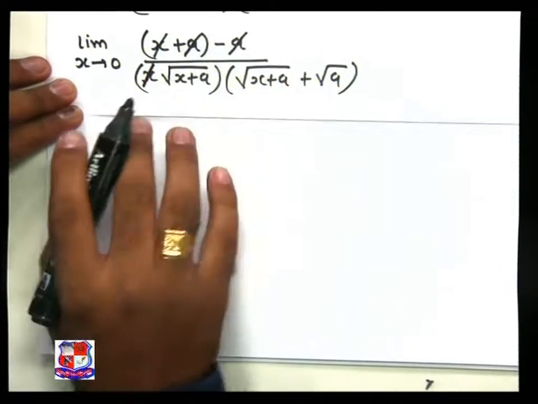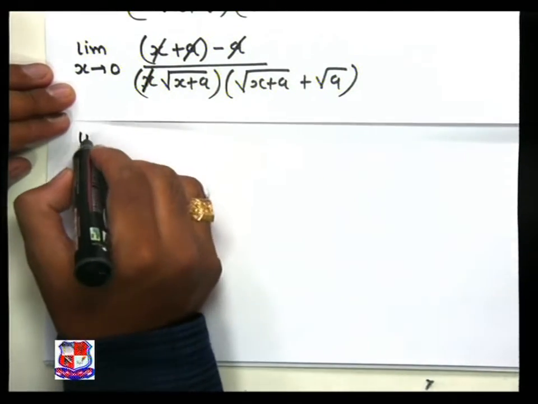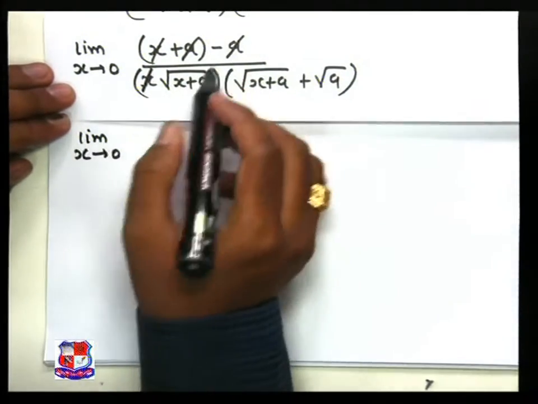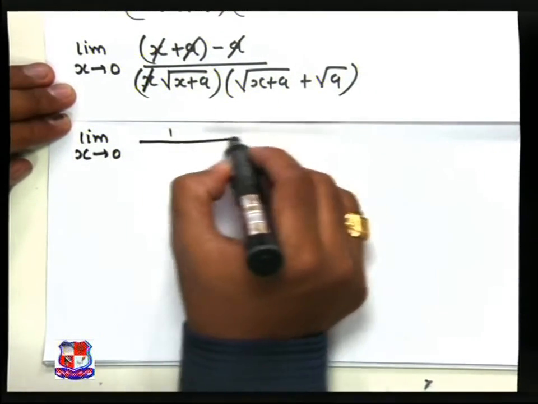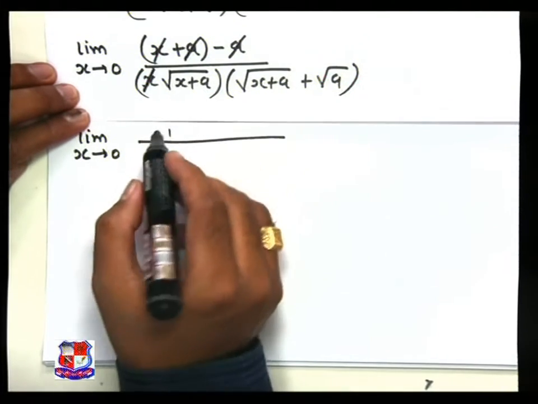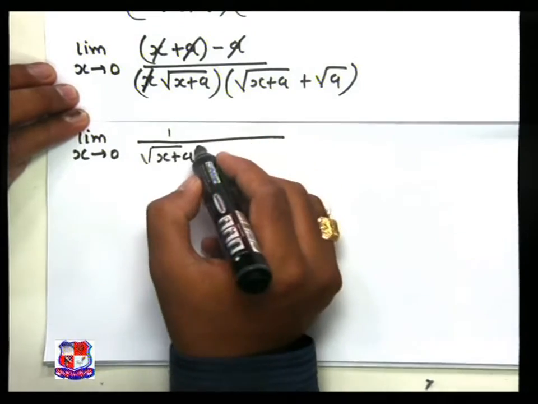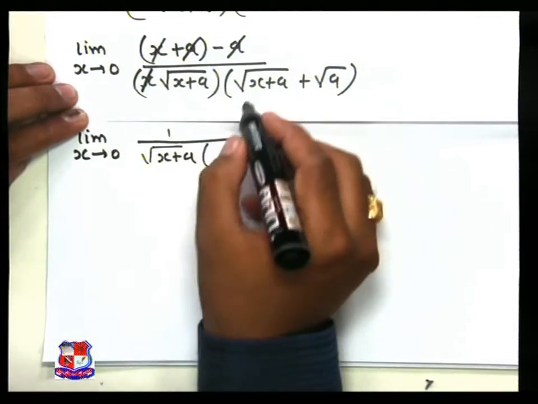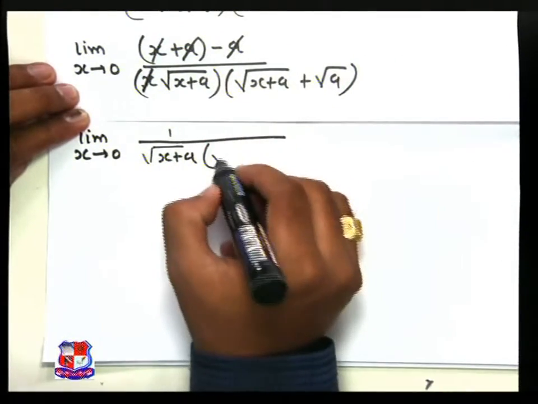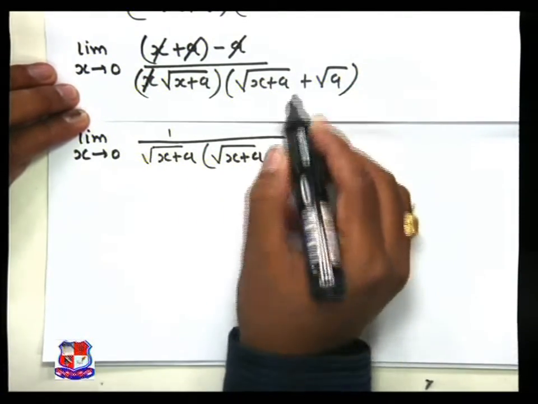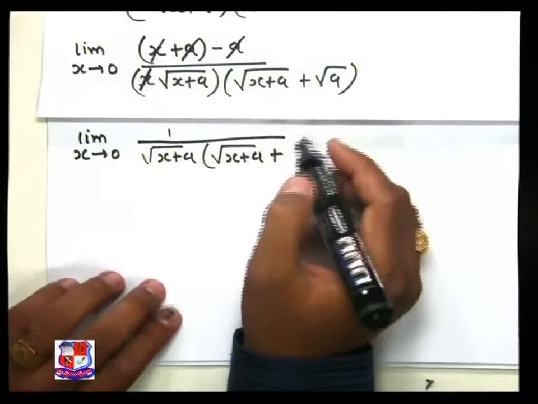So first of all, write down whatever result: limit x tends to 0, 1 upon under root of x plus a, the remaining term, multiplied with under root of x plus a plus, as it is, under root of a.